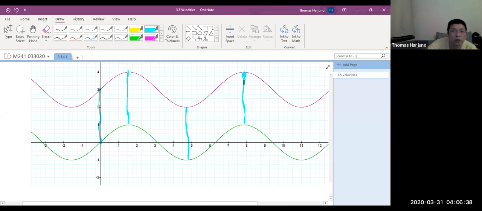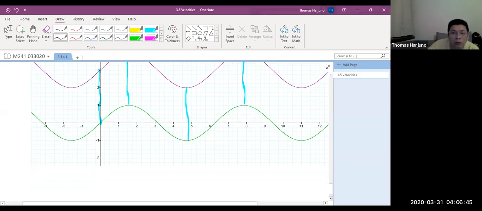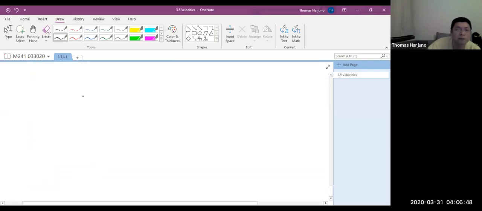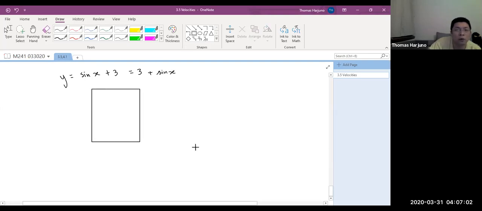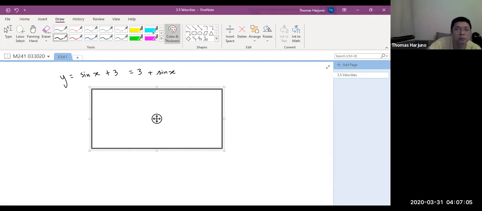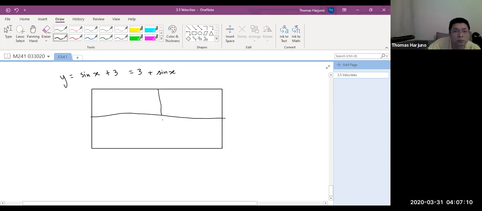So in other words, if I ask you to sketch the graph of y equals sine x plus 3, or we can also say 3 plus sine x, and I ask you to graph that on 2 by 4 columns, I'll do it fast because the time is almost up.